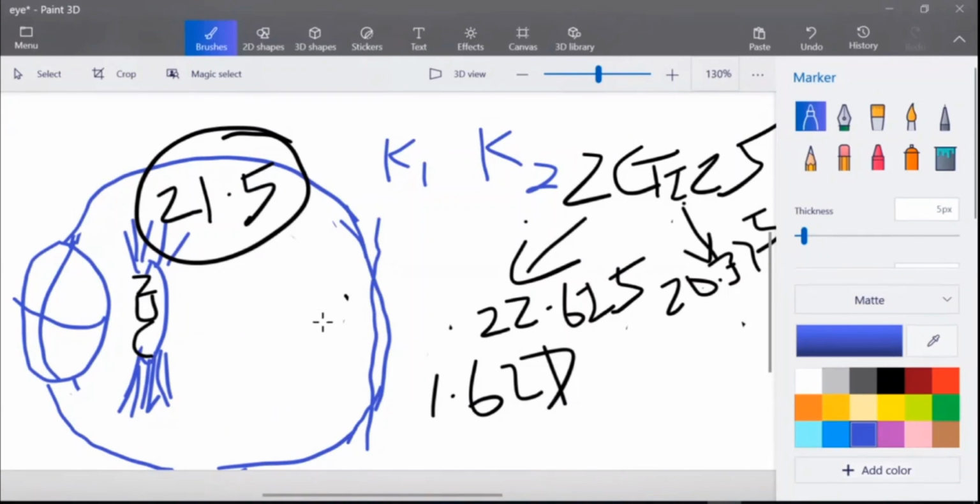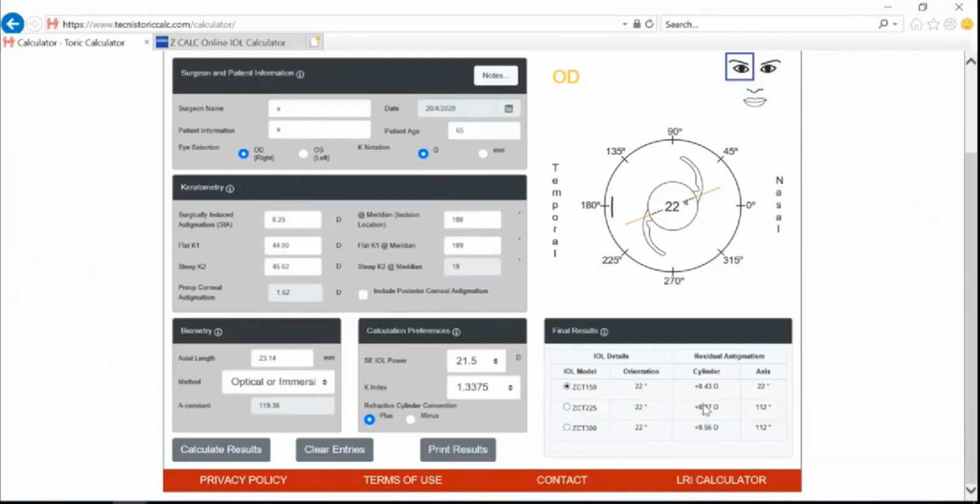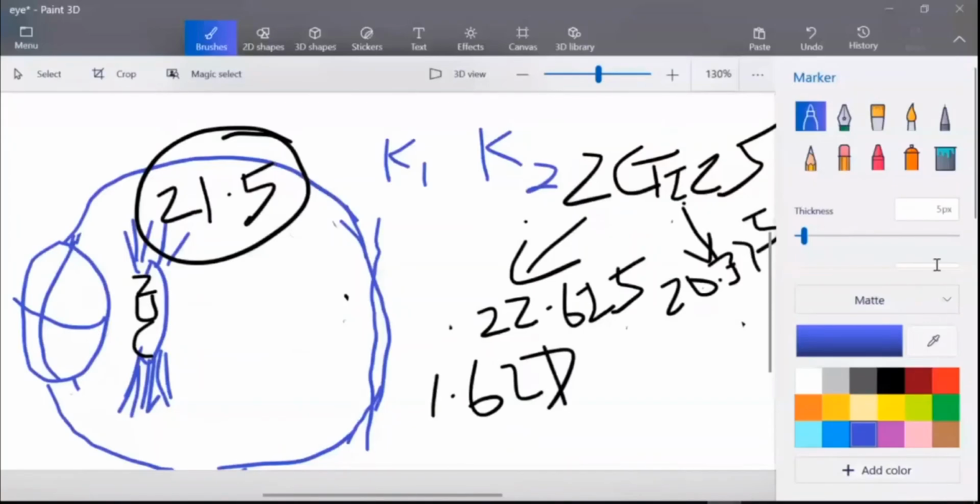Now, when I correct the astigmatism, bringing it down from 1.62 to 0.43, the two focal points are going to be much closer now.